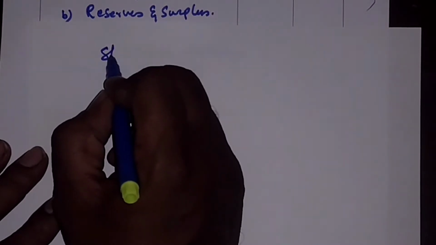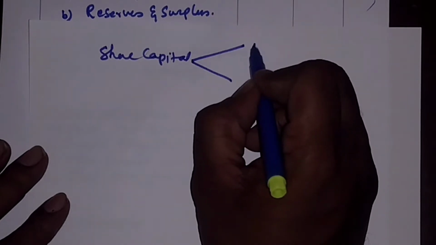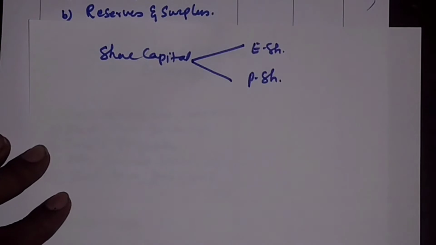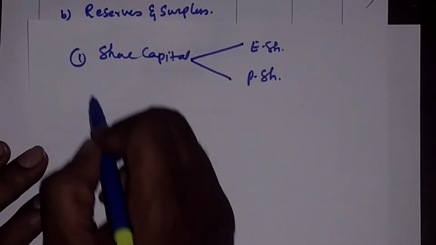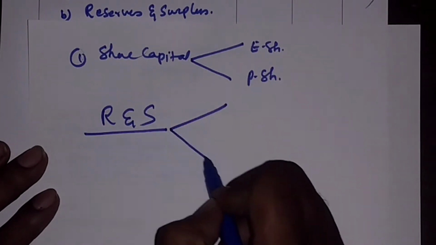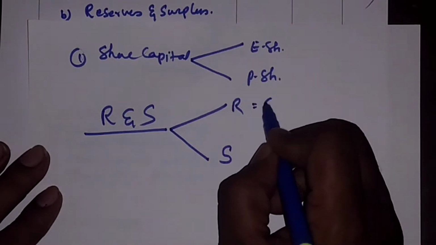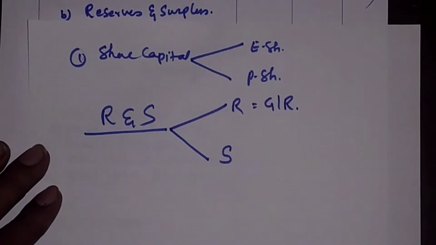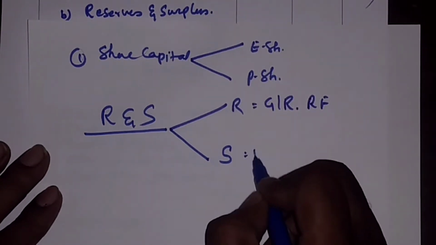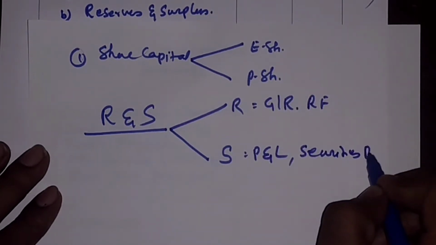The very first one is share capital. This share capital is a combination of equity share and preference share. Next one is reserves and surplus. Let me subdivide it into reserve and surplus separately. Reserve refers to general reserve or reserve fund, and surplus refers to profit and loss account and securities premium.